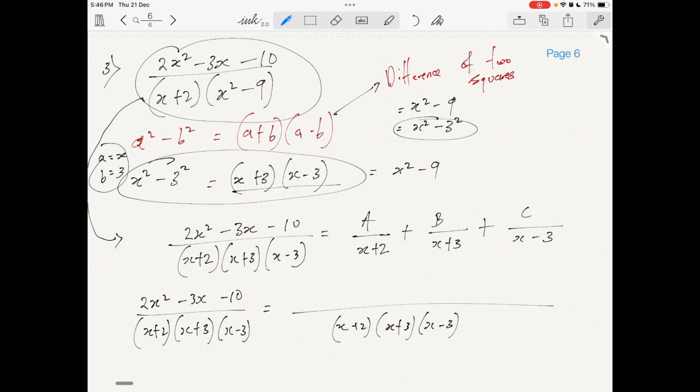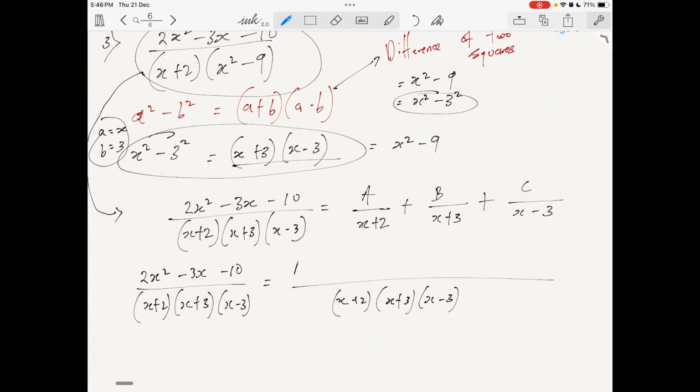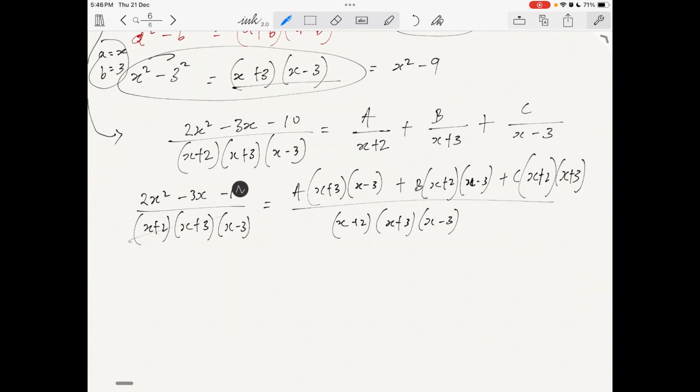So let's find the numerator, like we usually do in secondary school. So a will be x plus 3 and x minus 3, plus b into x plus 2 into x minus 3, and plus c into x plus 2 into x plus 3. Now we see that the denominators are the same for both sides, so they can be cancelled out, or we just multiply both sides by the denominator, so that eventually it will cancel out, right?